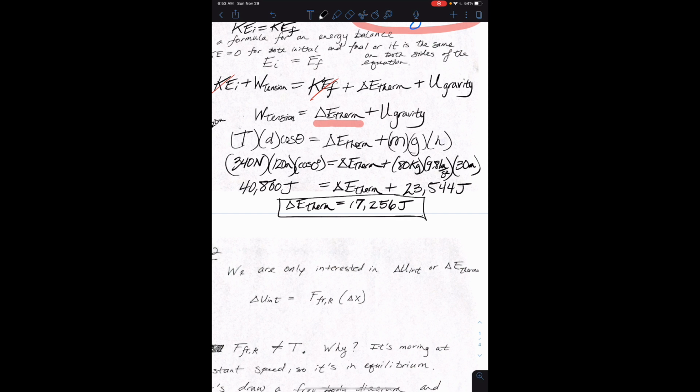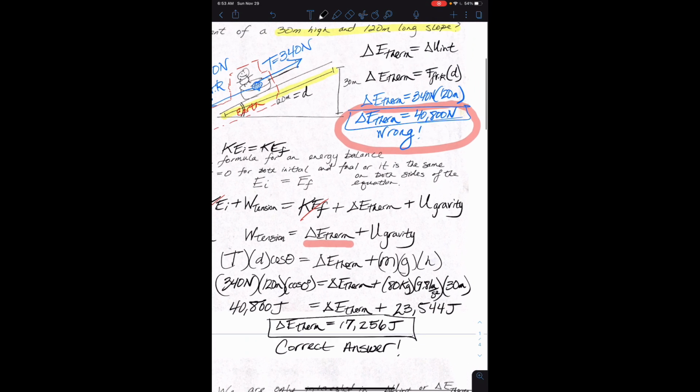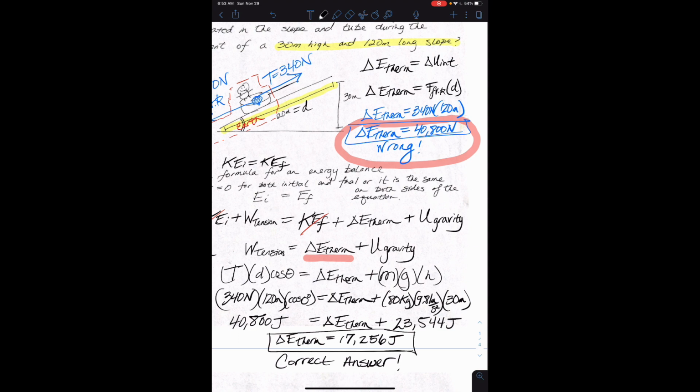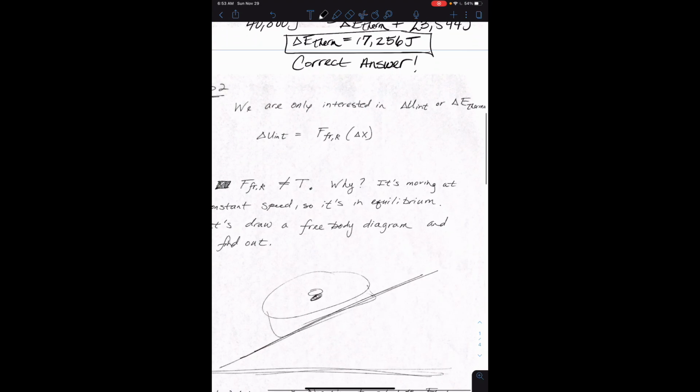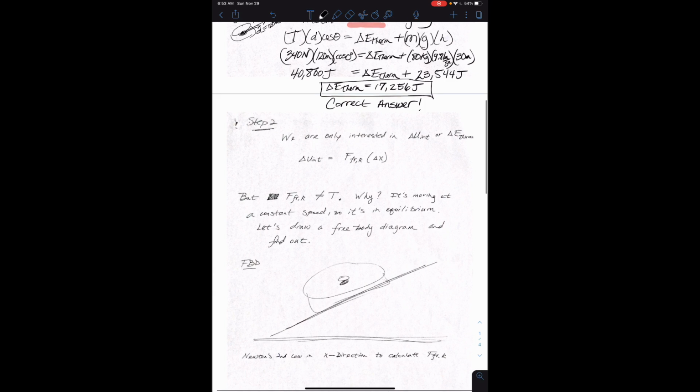All right, so what's going on here? Why is this the right answer? And the shortcut method up above didn't work, right? The 40,800. What happened? Well, let's go down here. Here's our mistake, and hopefully you spotted this before.